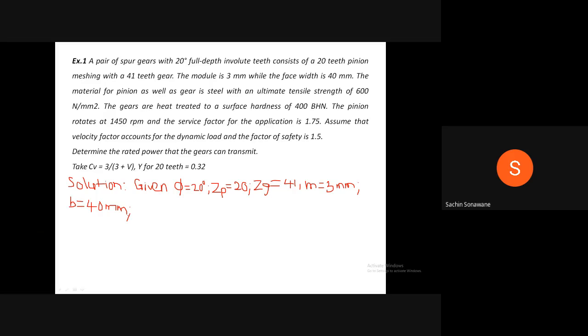Next, they have given us ultimate tensile strength. Ultimate tensile strength is 600 Newton per mm square. Therefore, value of SUT they have given. SUT is equal to 600 Newton per mm square.